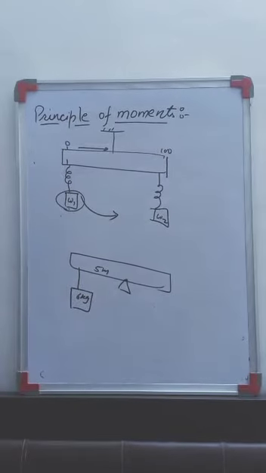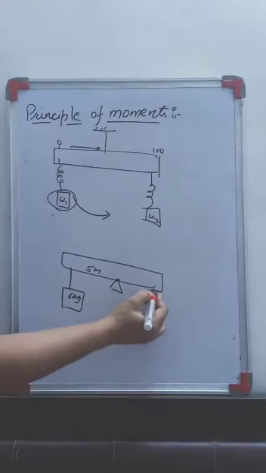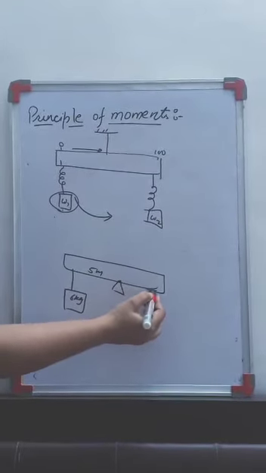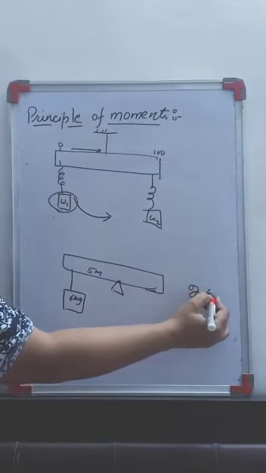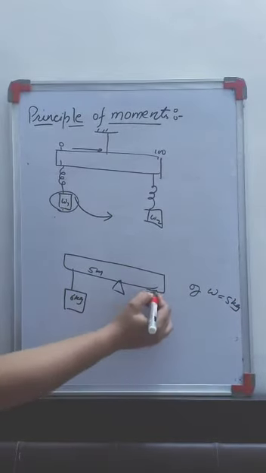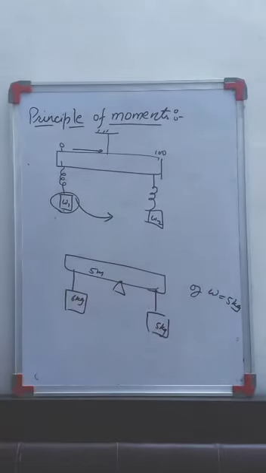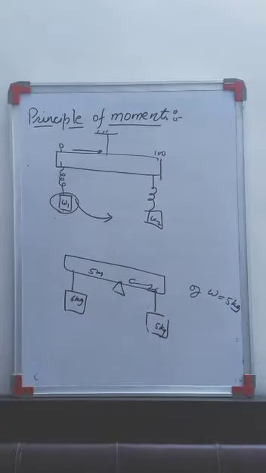Then at what distance should another child of weight 5 kg sit to make it horizontal?